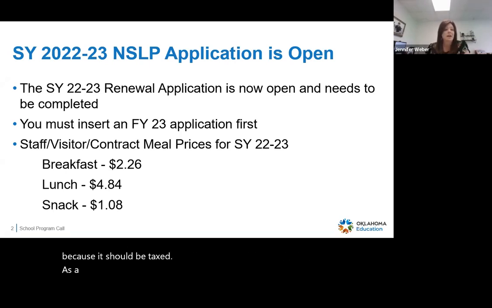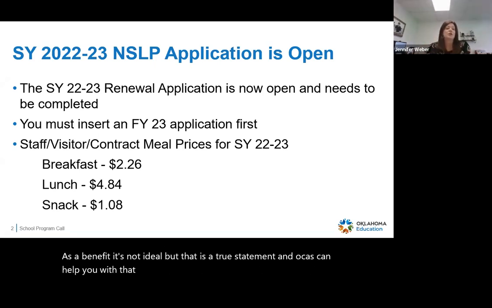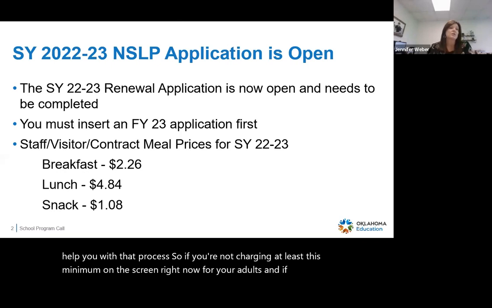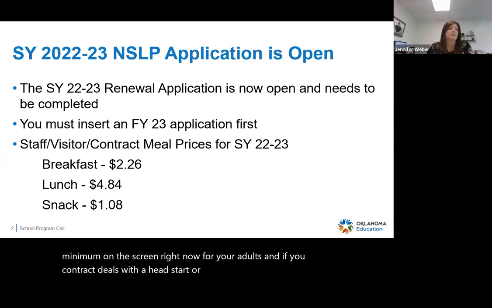It's not ideal, but that is a true statement, and OCAS can help you with that process. So if you're not charging at least this minimum on the screen right now for your adults, if you contract meals with a Head Start or a child care center or something like that, and you're providing those meals, they have to pay you this minimum amount as well. This is a regulatory requirement.